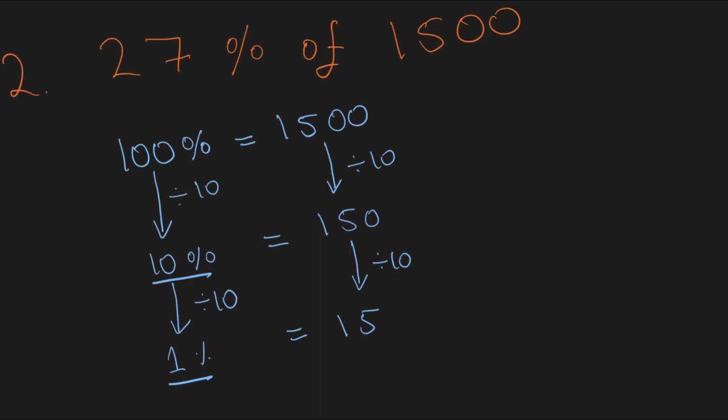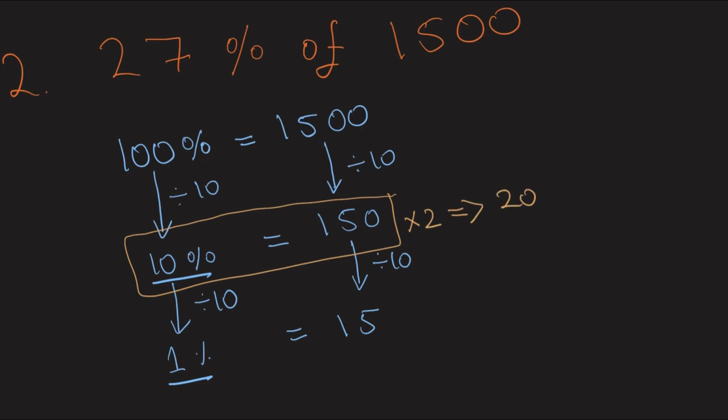So what I can do is, in this row, if I times everything by 2, that will get me 20% equals 300.